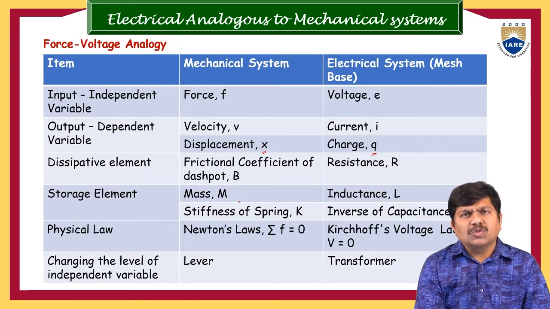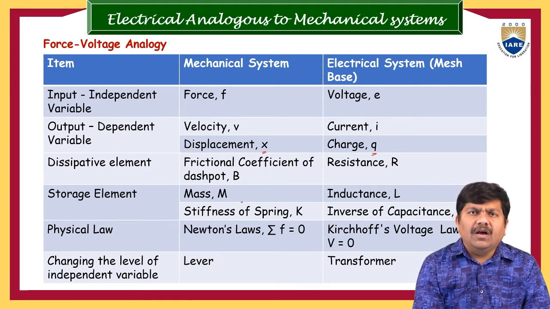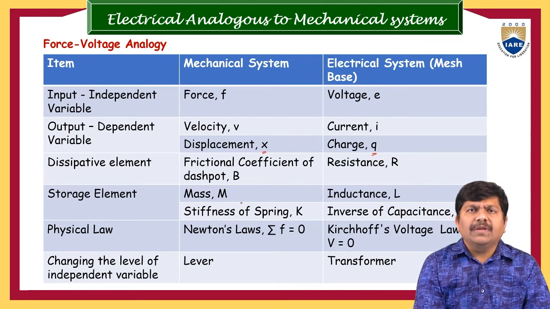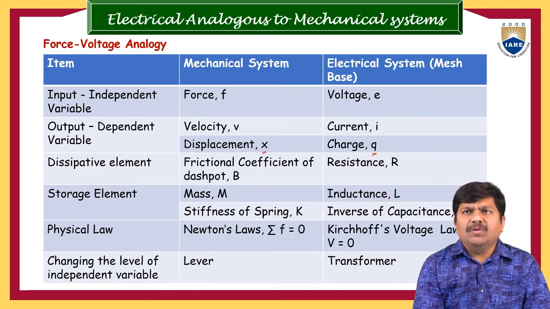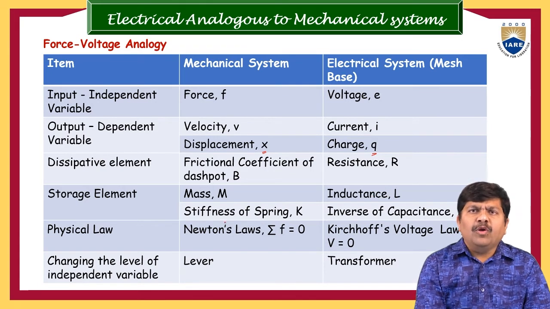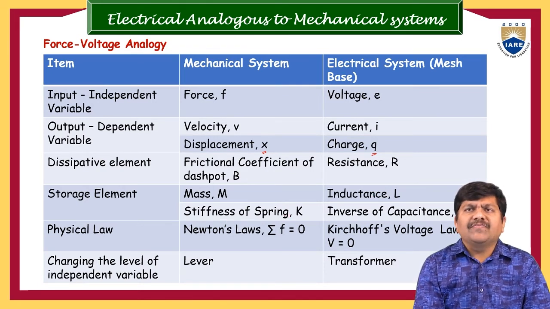Mass will also store some energy, because we know that mass stores kinetic energy. That made me write here: mass is an example of the storage elements in the mechanical system. Similarly, in the electrical system, that becomes L. So, mass is equivalent to the inductance L. And one more storage element is the stiffness of the spring.